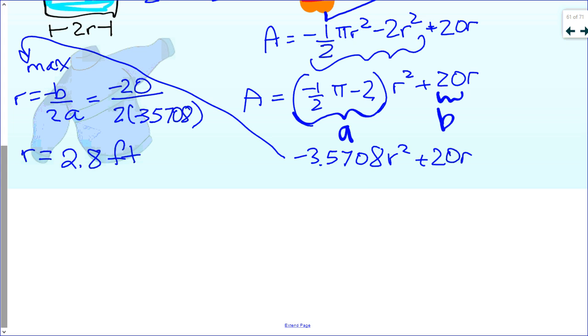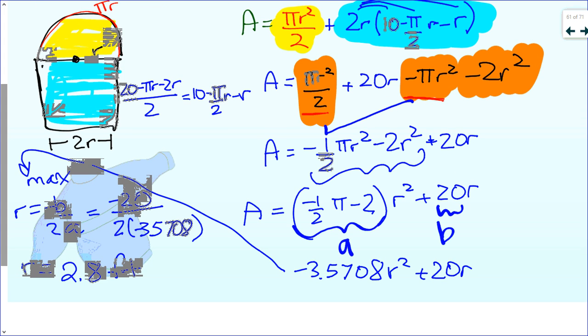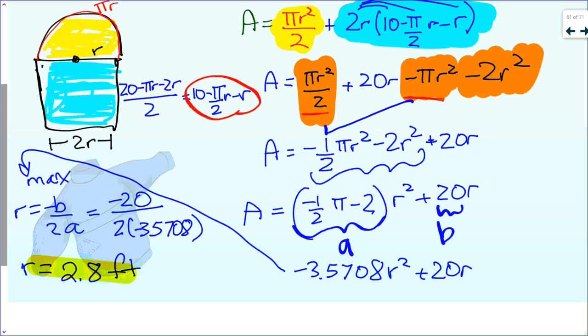Okay, so the dimensions are, and dimensions for this is a little weird. We know the radius of the semicircle is 2.8 feet, so we do know that. What we'd have to do then is plug in 2.8, so there's our answer for our radius, and we want to probably plug that amount in to this quantity to find out how long we make the Norman window, because that is also in question, is how far down the rectangle would go.